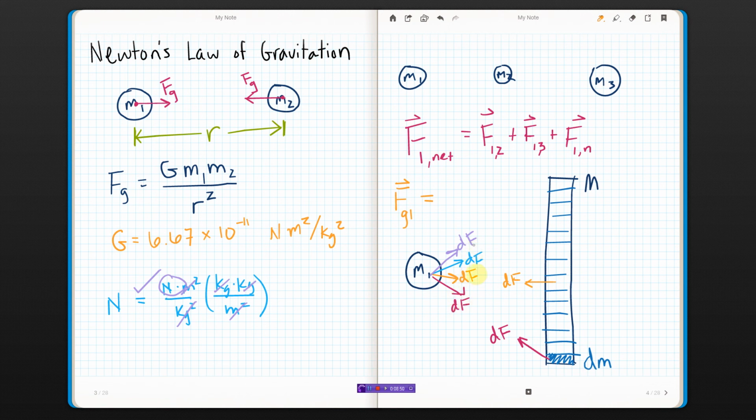When you're adding up a bunch of d stuff, that's called an integral. So what I'm really saying is integrate, add up all the little dF's. So I should be able to find the total force of gravity on a particle from an extended object by breaking it into little pieces of mass and then integrating them.